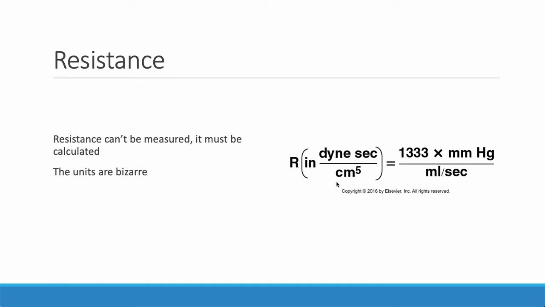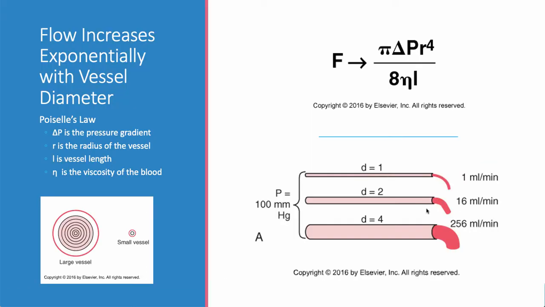So these units are really weird, but you'll get used to dealing with them if you're a critical care nurse or acute care nurse practitioner, because we use them all the time when we talk about systemic vascular resistance and pulmonary vascular resistance and things like that. Now, the next thing to keep in mind about blood flow is that it increases exponentially with the vessel diameter.